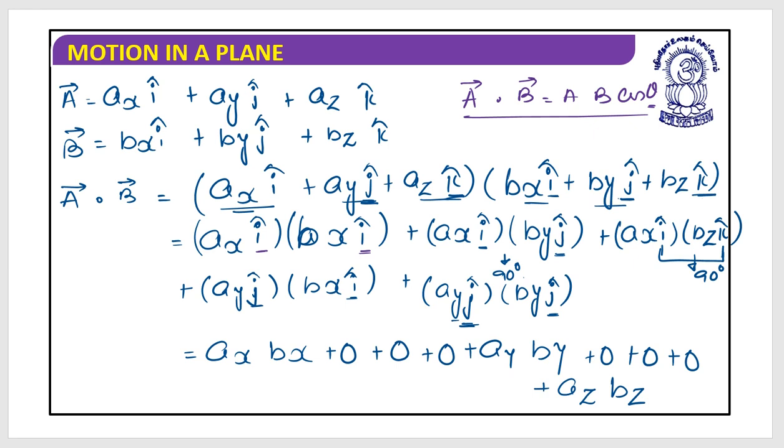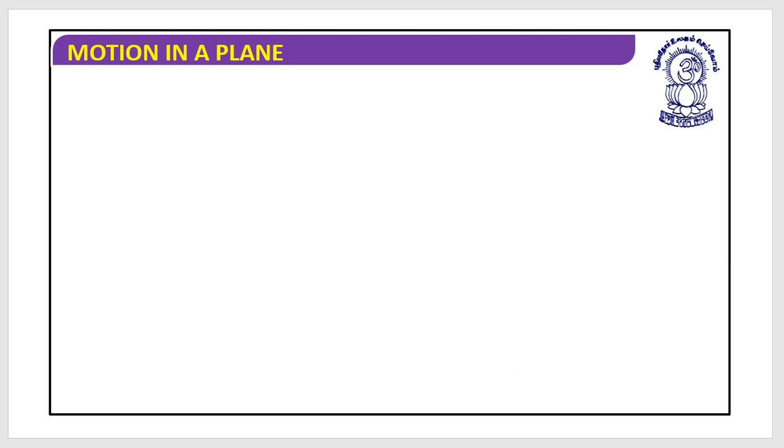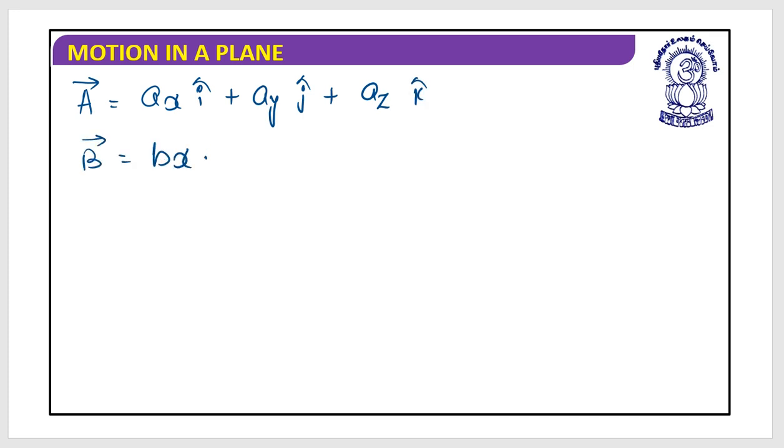So on a summary note, if I want to write it, vector a is equal to axi cap plus ayj cap plus azk cap, and vector b is bxi cap plus byj cap plus bzk cap.